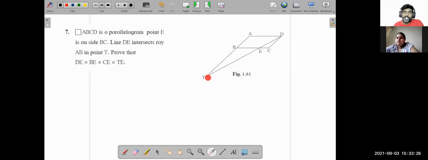So it is intersecting at point T. You have to prove that DE into BE is equal to CE into TE. That is, DE into BE is equal to CE into TE. This you have to prove.